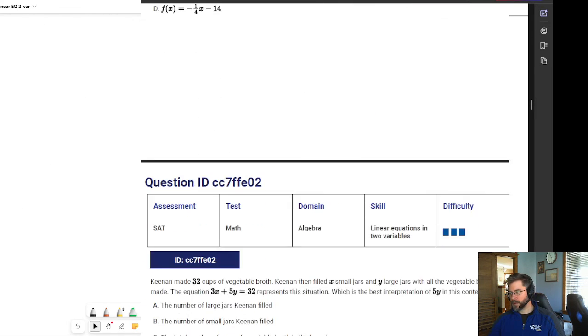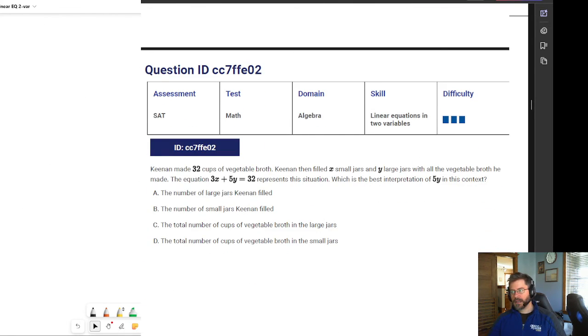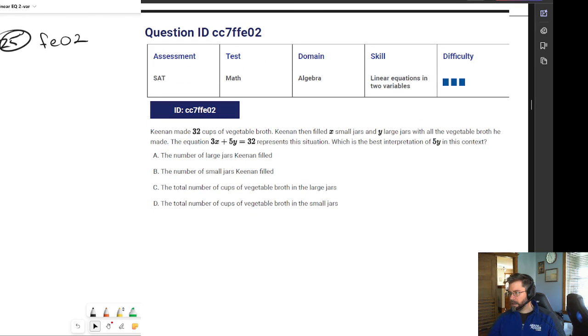And we'll do one more question for this clip. Question 25. We got another standard function there. 32 cups of vegetable broth, x small jars, y large jars. 3x.